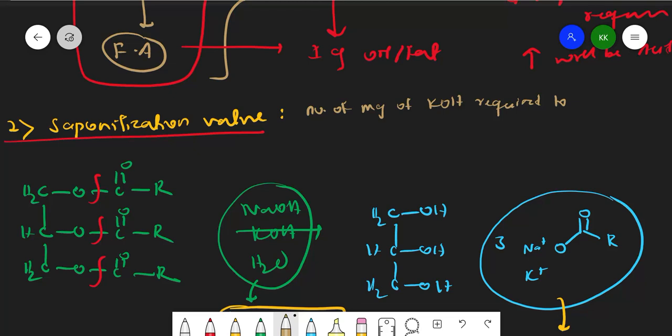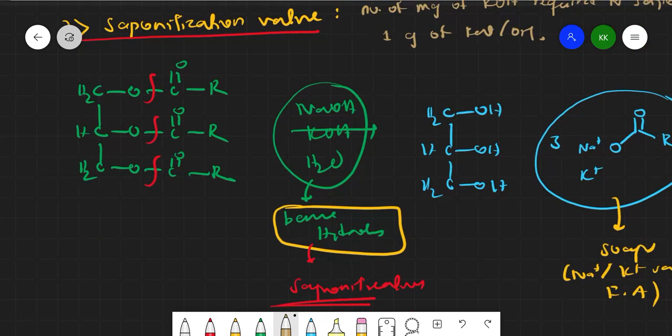So saponification value is nothing but the number of milligrams of KOH required to saponify 1 gram of fat or oil. So what we do, this is the structure of fat or oil, I have told, right?